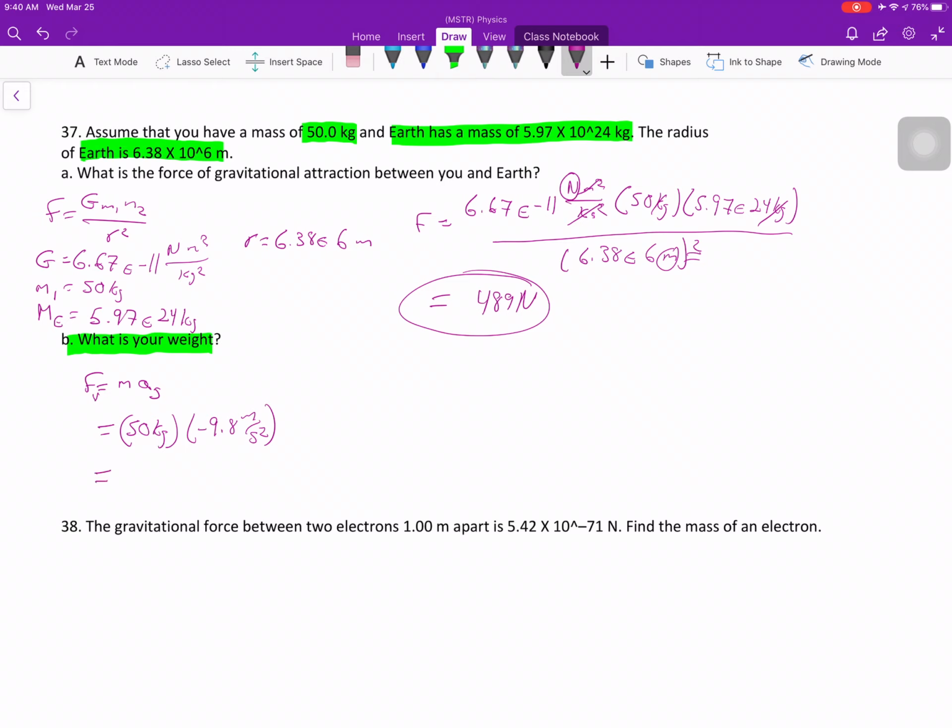But when we do that math, we end up getting 490 newtons, which, if you look, is basically equivalent. It's showing you that the attraction due to gravity, the acceleration due to gravity, is the same force, just calculated in different ways. So that is question 37.